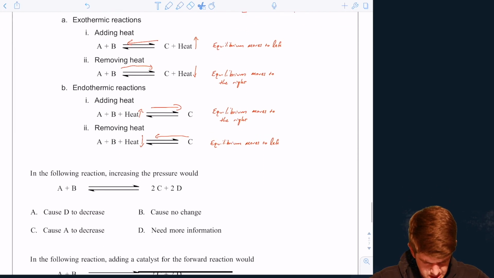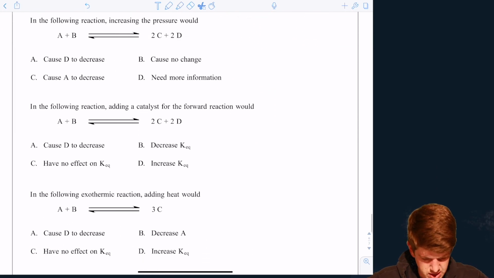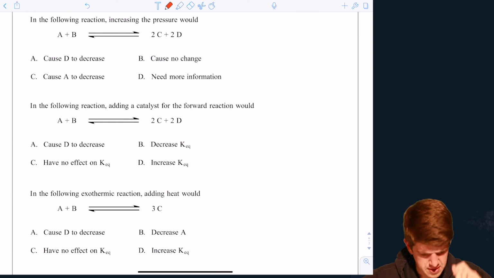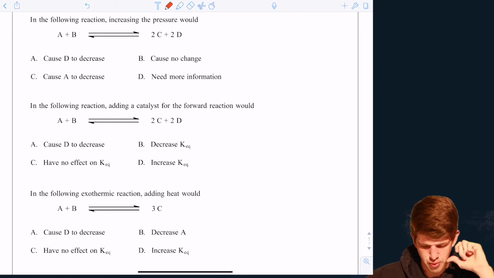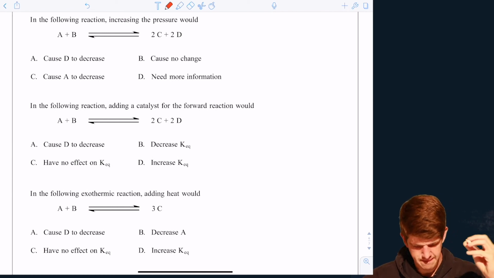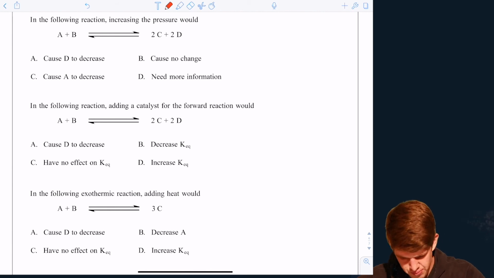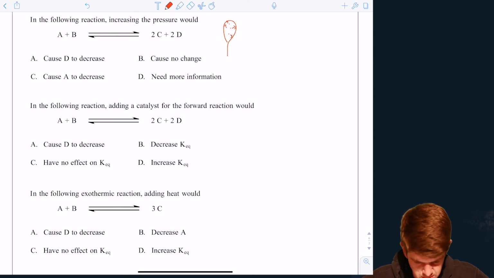Great. Now let's check our concept knowledge. So in the following reaction, increasing the pressure would, well, if I increase the pressure, I'm going to want to get rid of some of our molecules.